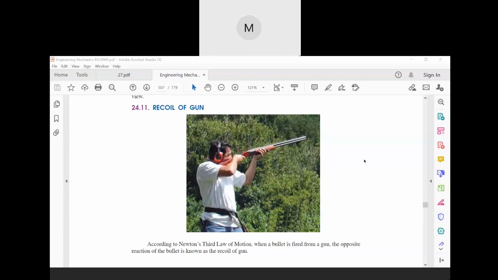So as per Newton's third law of motion, what it actually means is that m1 v1 equals m2 v2, or I can say the mass of the bullet multiplied by the velocity of the bullet equals what? The mass of the gun multiplied by the recoil velocity of the gun. So this is how Newton's law works.